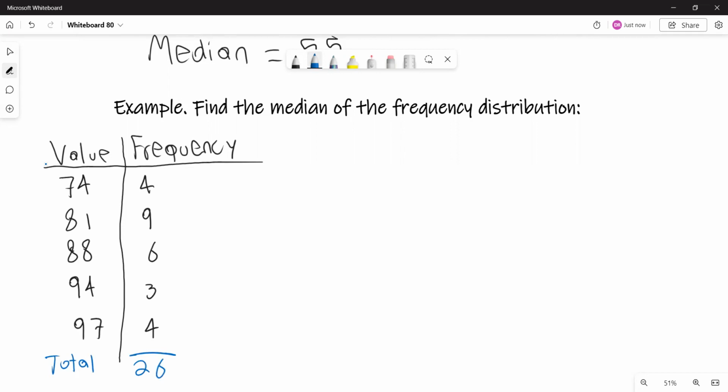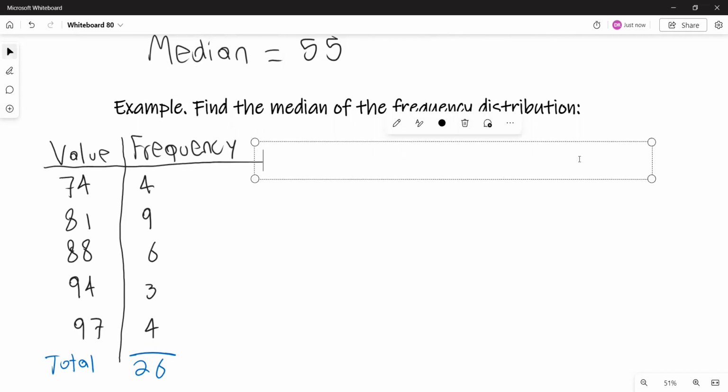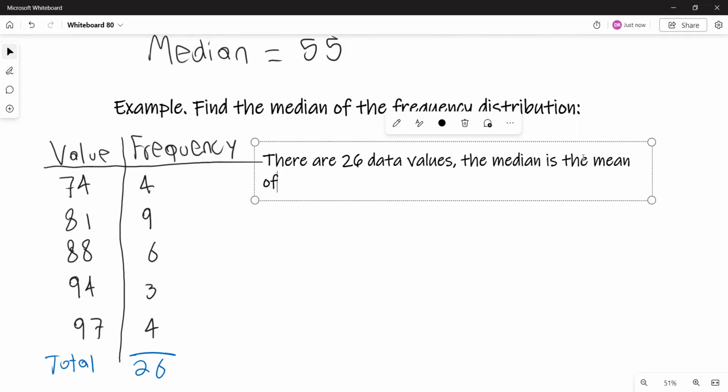If there are 26 data values, the median is going to be the mean of the two middle values, in this case, the 13th and the 14th value.